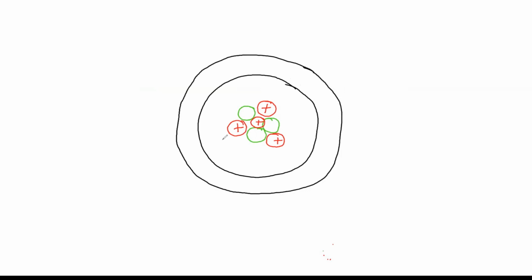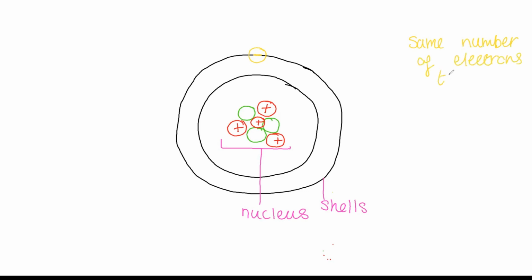So this is our nucleus, and these are our shells. Now, the shells hold the electrons. Electrons are negatively charged, and there are the same number of electrons as protons, which is why all atoms are neutral.